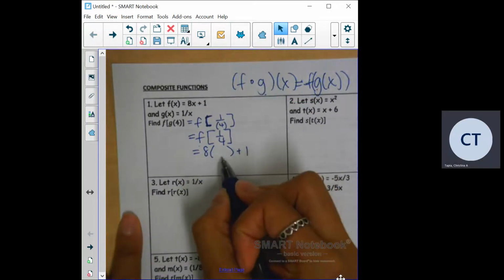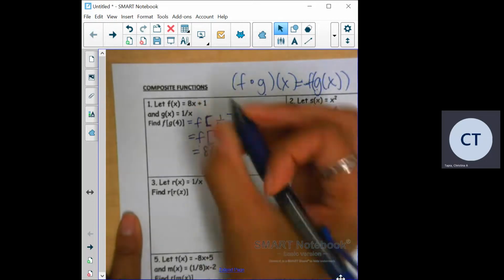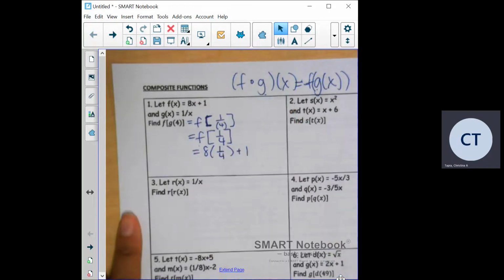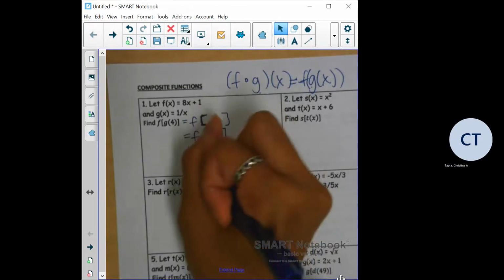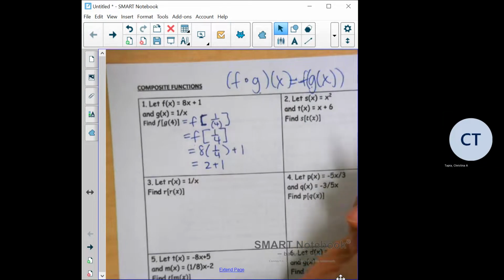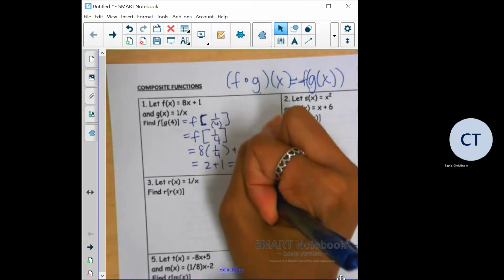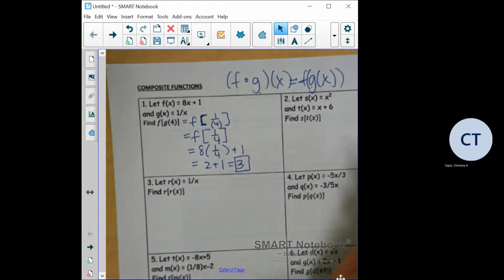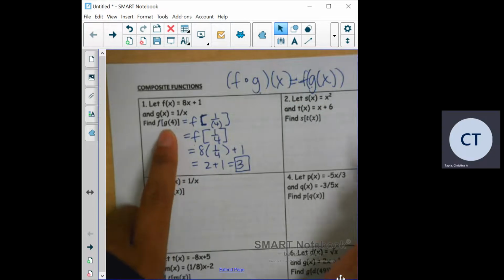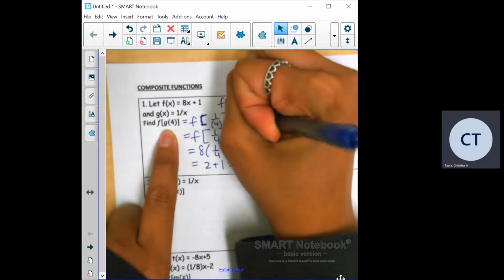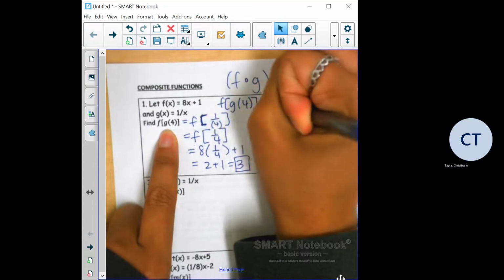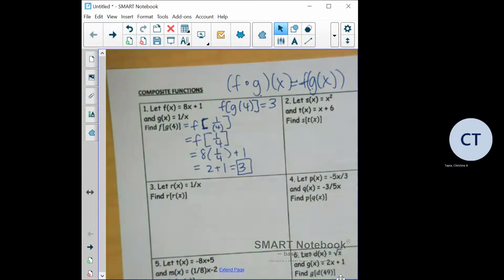Instead of substituting an x, I'm now going to use 1 over 4. What's 1/4 of 8? 2. And 2 plus 1 is 3. So for my answer, when I'm finding f of g of 4, the answer is 3.